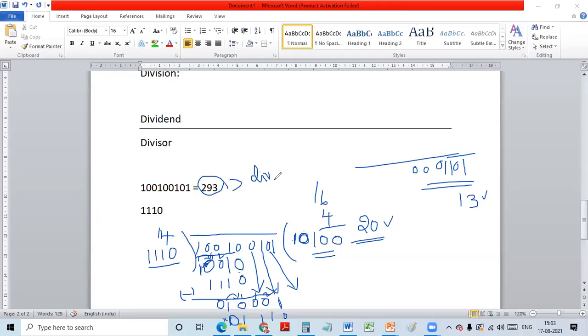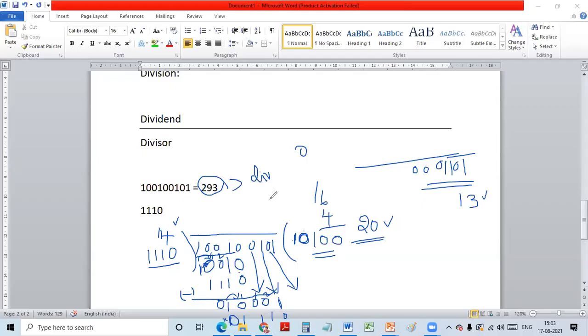If initially the dividend is lesser than divisor, you can say that the division is not possible. We won't proceed for the division. If it is so, then 0 is the quotient. Whatever is there in the dividend itself gives you the remainder.